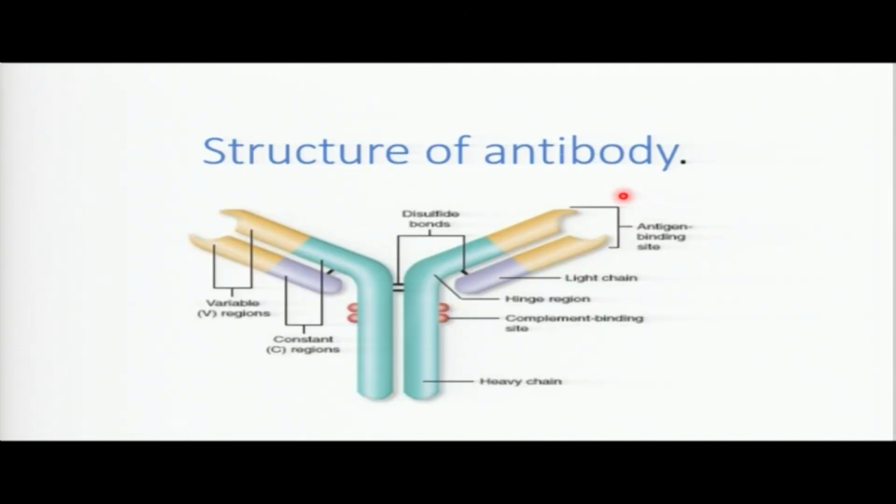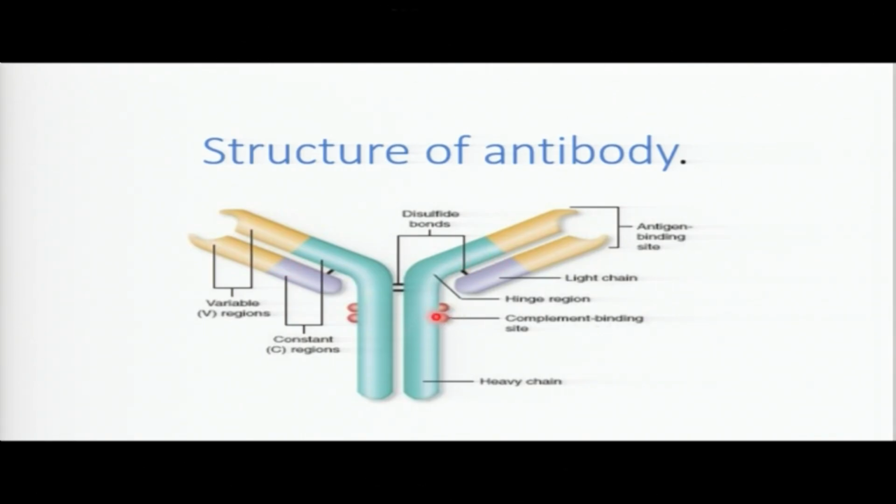Now, this is the structure of antibody. How does it look like? If you can see here on this diagram, we can see this structure of antibody. Actually, it has 4 chains. 1, 2, 3, 4. Those are the 4 chains that make antibody.